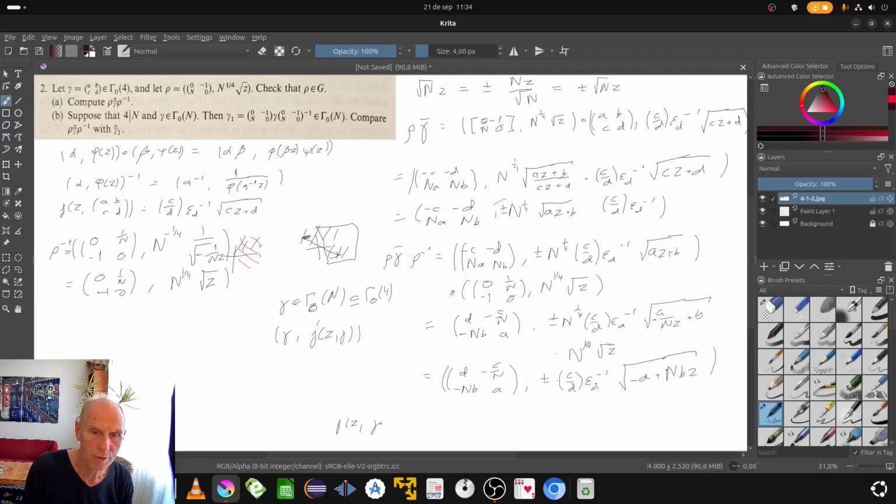No, just gamma of z. So it's minus nb, the symbol of a.